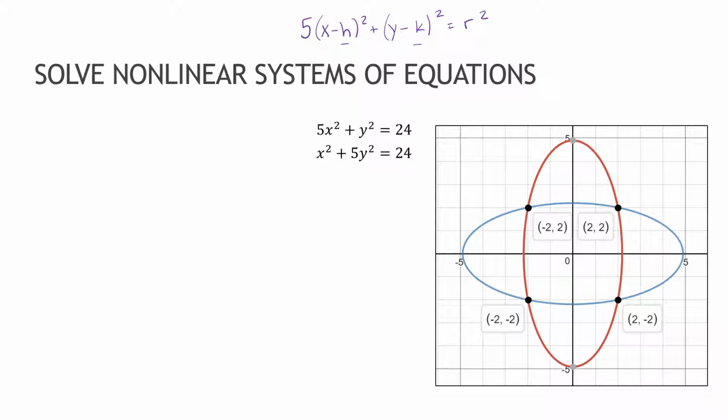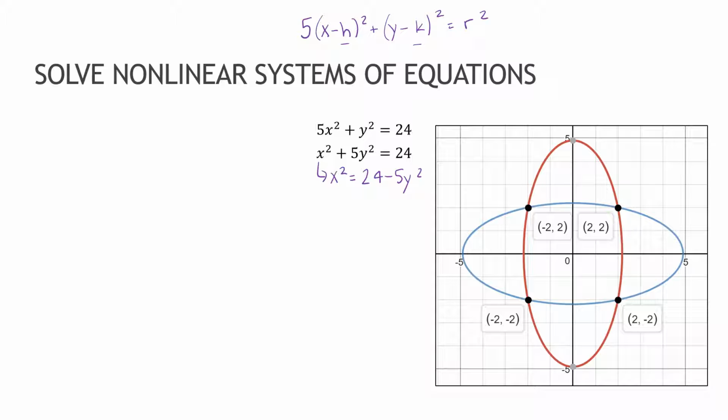And what I want to do is I want to find my equations, but again, it's important to note that these can cross up to 4 times because they're 2 ellipses, and so, in this case, we actually do get 4 solutions. So let's take a look at how we might go about doing the math. This equation can turn into x squared equals 24 minus 5y squared by subtracting 5y squared from each side.